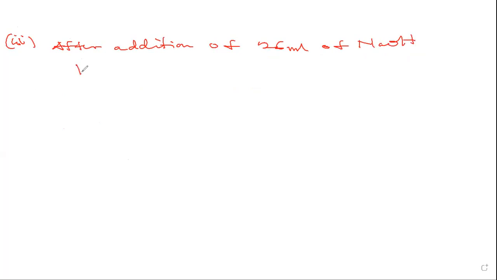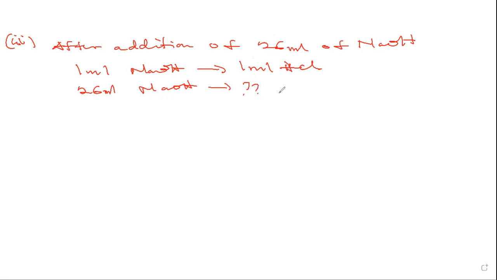Once again, our ratio is 1:1, so 1 mil of the base will always neutralize 1 mil of our acid. At this time, we are adding 26 mils of our base. So what will happen? We are supposed to have 26 mils of the acid to neutralize this base, but we don't have that. What we have is 25 mils of the acid in the conical flask.